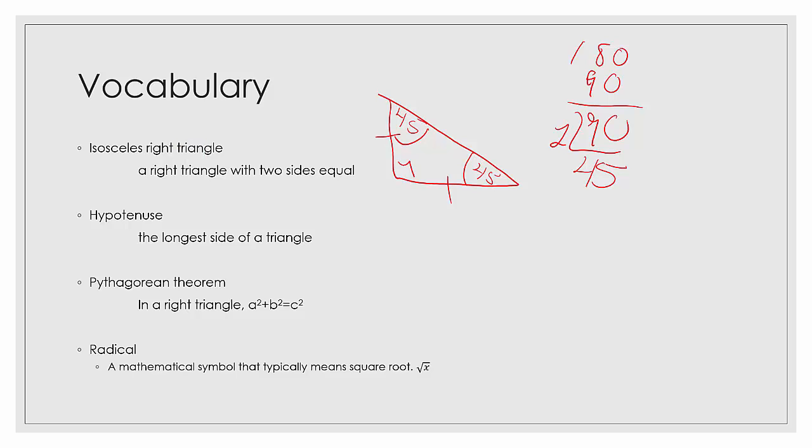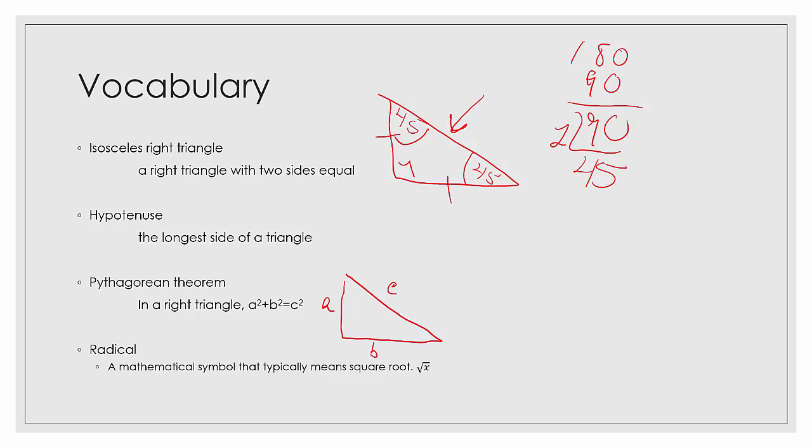The hypotenuse of a triangle is the longest side of a triangle. So in this case, it is that side. The Pythagorean theorem works in a right triangle where the side lengths are A, B, and C, where C is the hypotenuse.